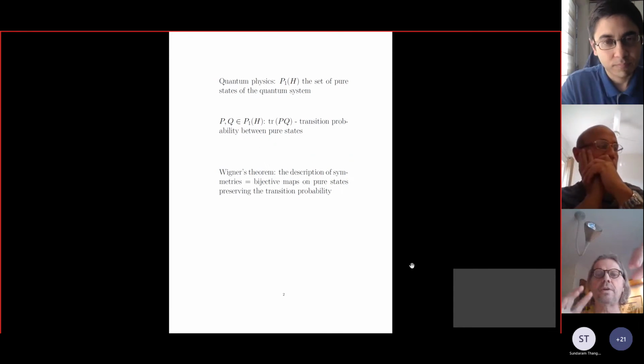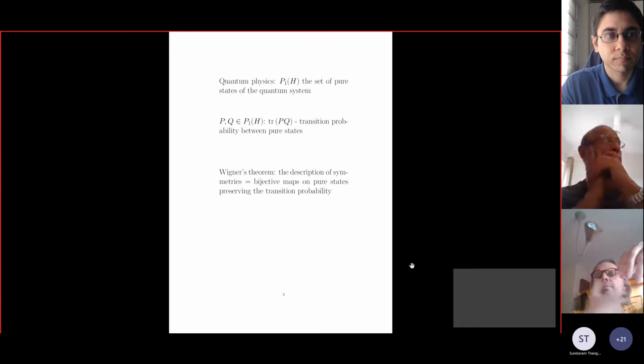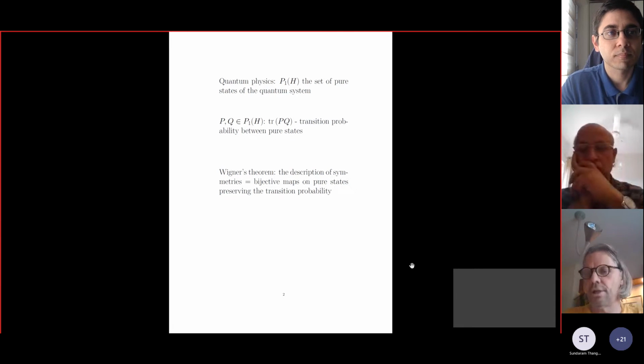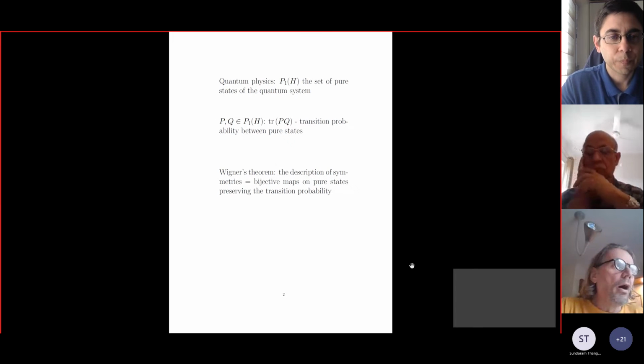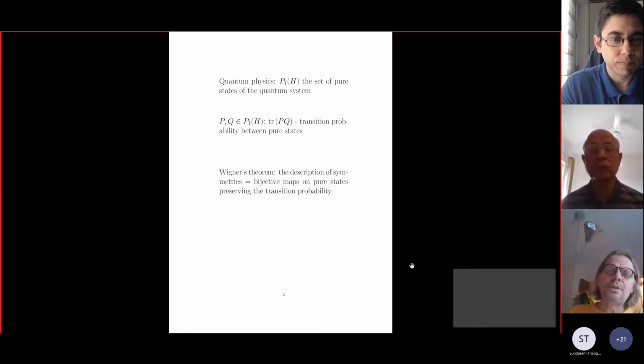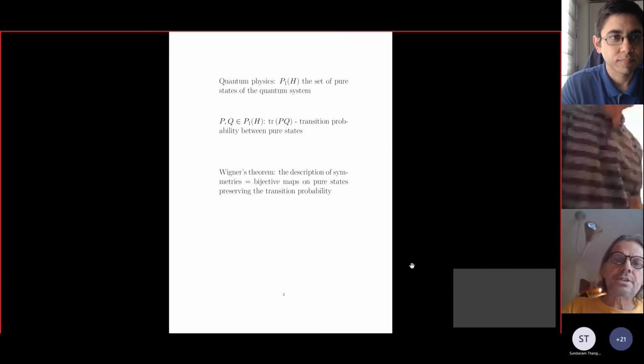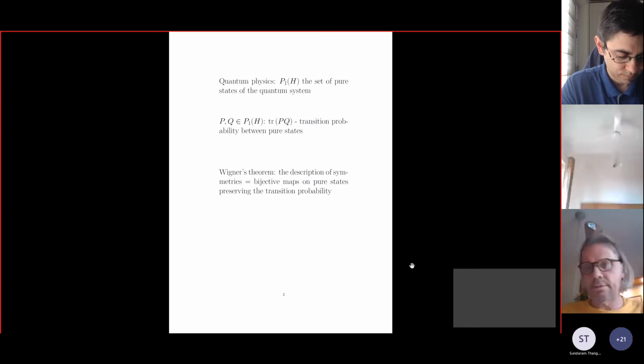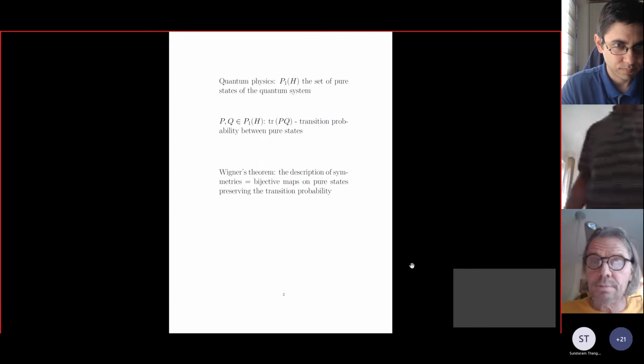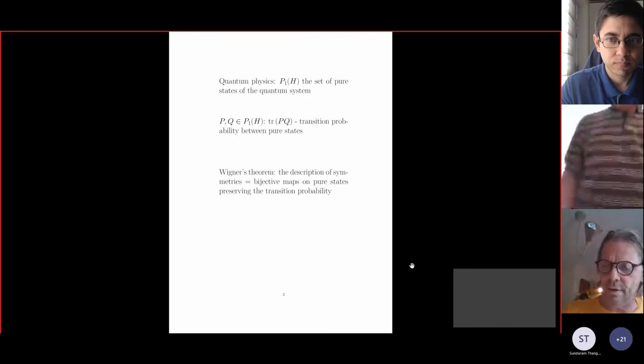What you can do with the pure states is turn them around with a unitary operator. Or there is one more possibility, an anti-unitary operator. What is an anti-unitary operator? It is like unitary, just it is not linear, it is conjugate linear, but the rest is the same. It's bijective, it's an isometry, but it does not preserve the inner product, it just turns it around.